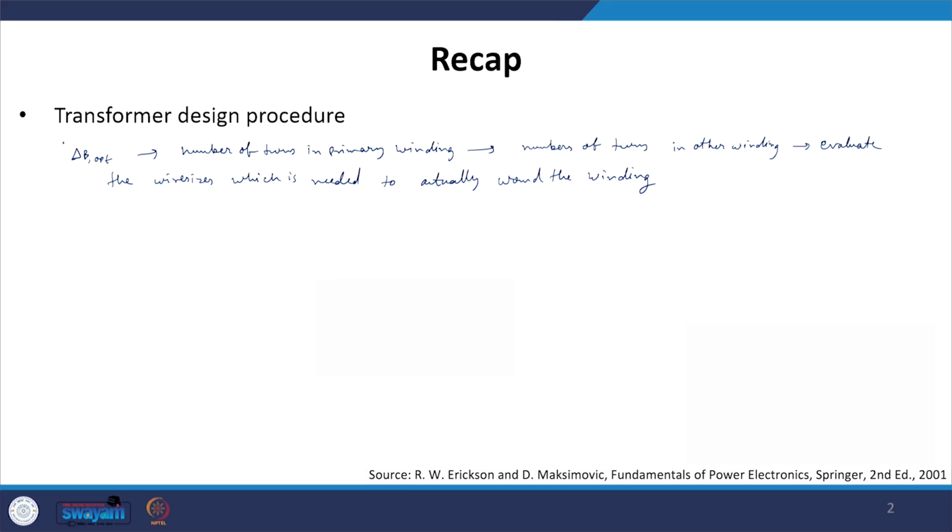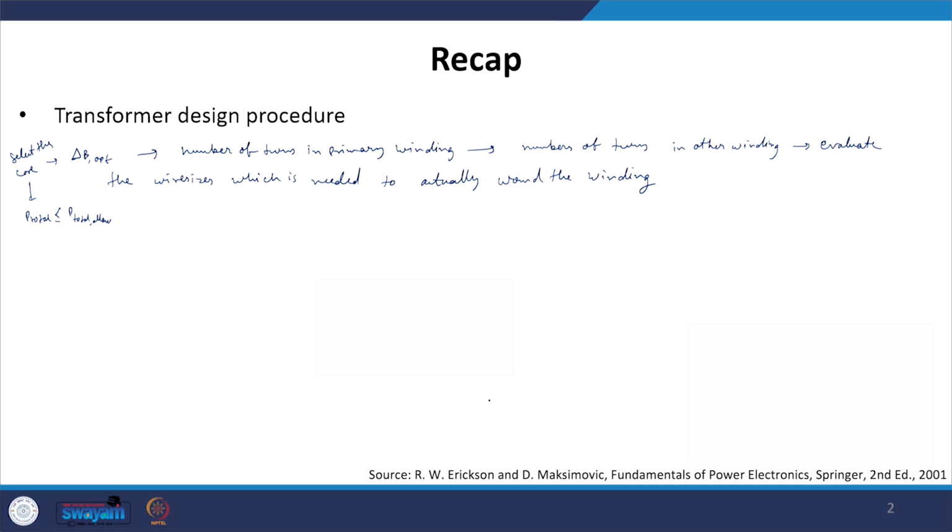Before that, at the start, we had already selected the core which satisfies the condition P total is less than or equal to P total allow. That means how much power loss in the transformer we can afford to have, and we get that by doing the loss budgeting of the overall system.